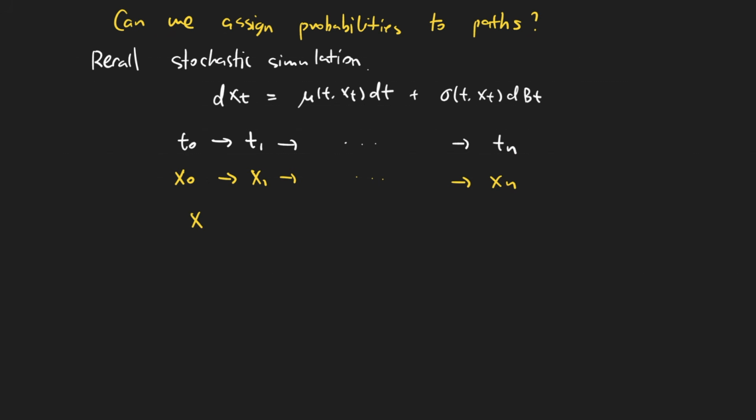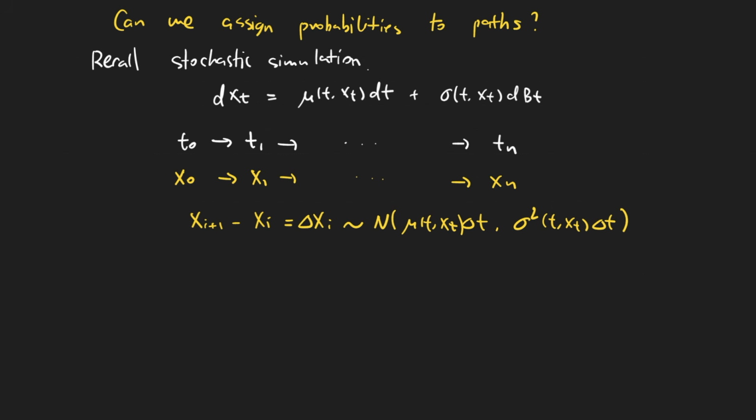The increments, let's call them delta xi, follow a Gaussian distribution. And basically, we can repeatedly sample values from this Gaussian to generate a stochastic path.